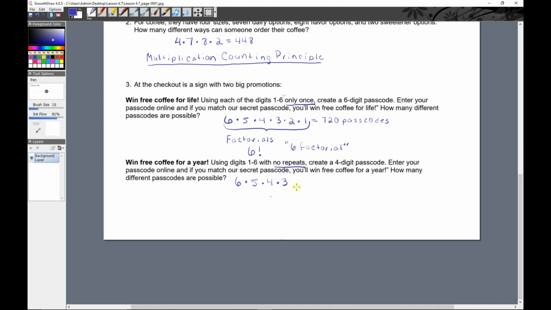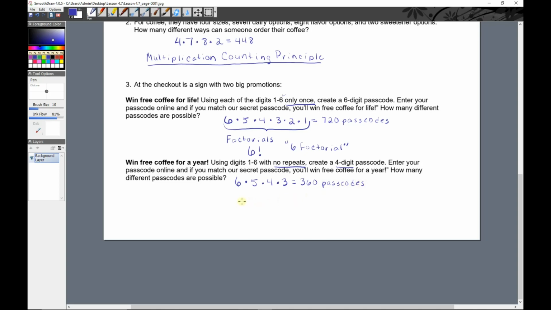And then it's got to stop because it's a 4-digit passcode. If I keep going, it'll be more than 4 digits and it will not match up to the rules of the contest. So this is going to give us 360 passcodes. It'll be a little bit easier to get the winner.